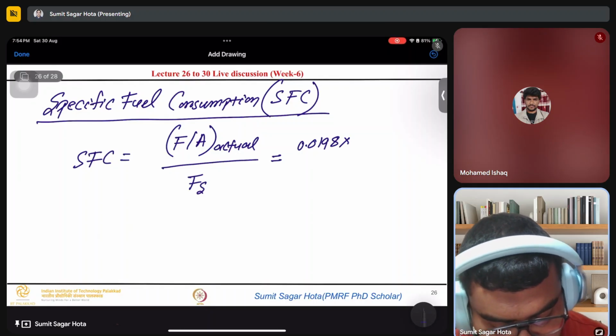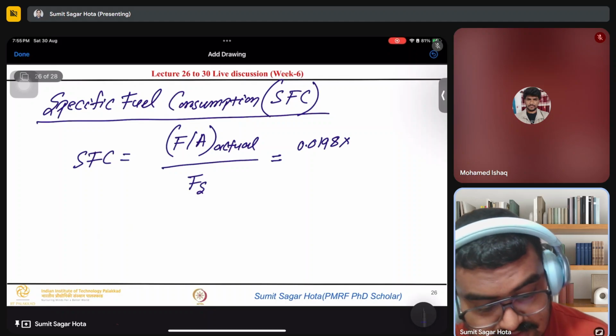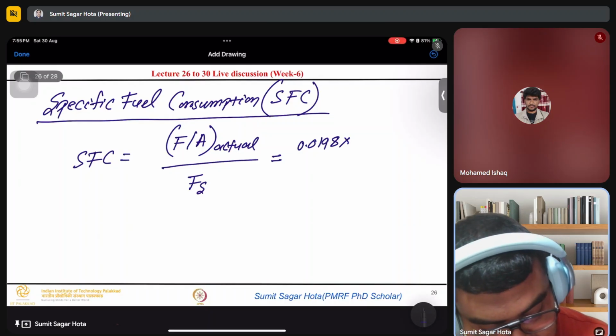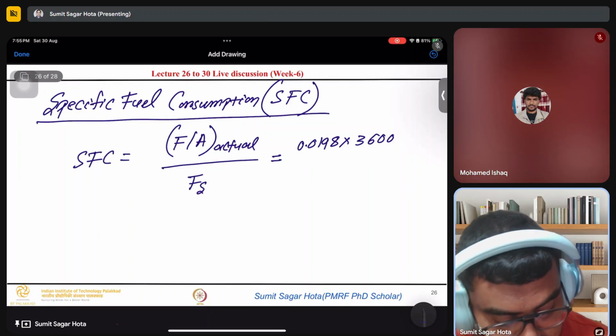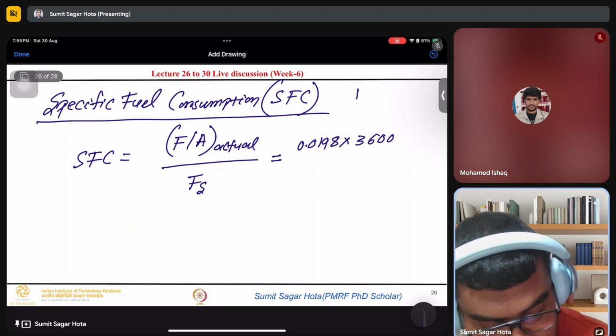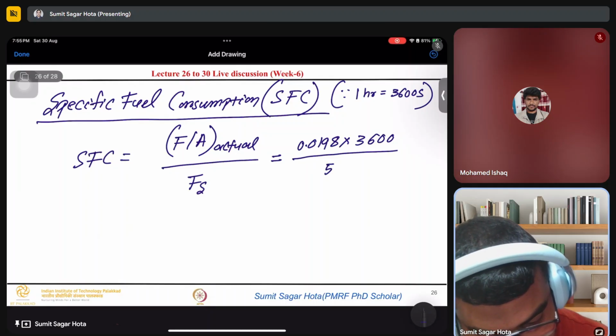Mostly this specific fuel consumption is denoted in hour units, per hour how much fuel is consumed. So for that I just multiplied by 3600 seconds, 1 hour is 3600 seconds, right? Divided by your thrust, which is 589.7.